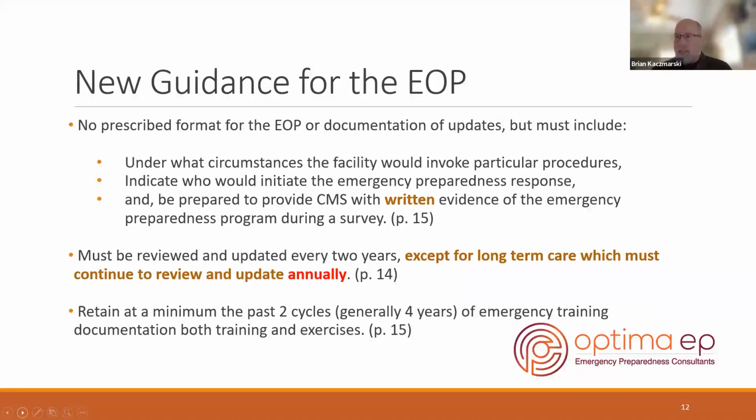It doesn't mean that this section needs to go first and then this section needs to go second. But I do think there are some best practices out there. Some of the newer things that are required is under what circumstances would you activate those emergency procedures? In our world, we call that triggers. What are the triggers that would cause us to go from blue skies operations into some type of emergency response mode?